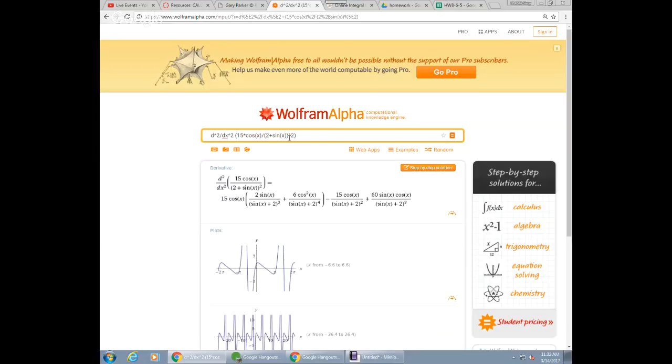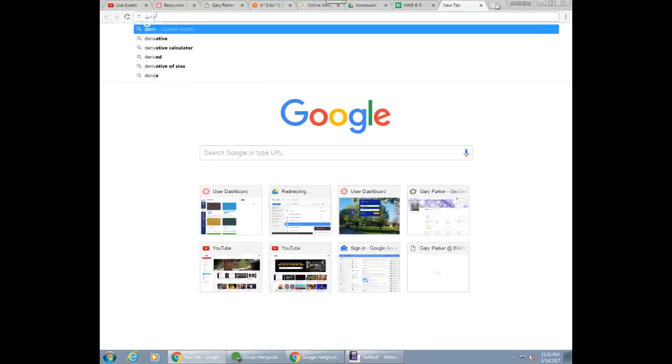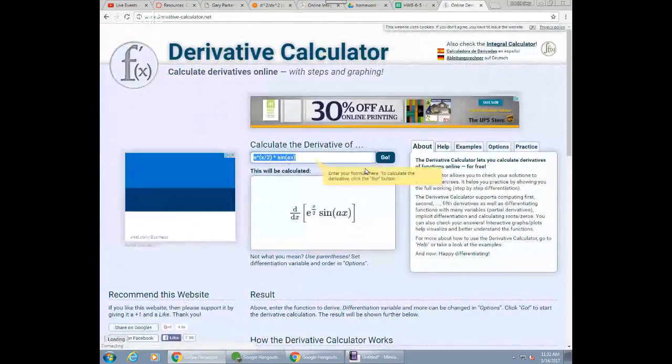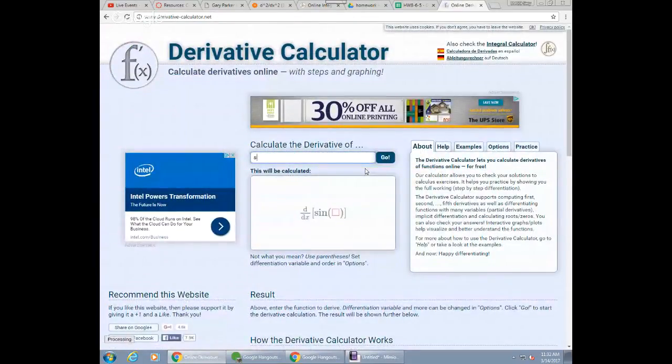So you said there's a derivative calculator like the integral calculator? Derivative calculator, by the same guys. Look at that, this is beautiful. So we've got 15 times the cosine of x divided by parentheses 2 plus the sine of x.